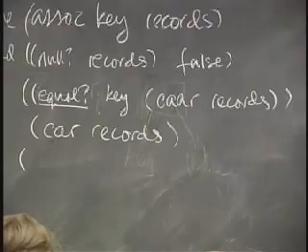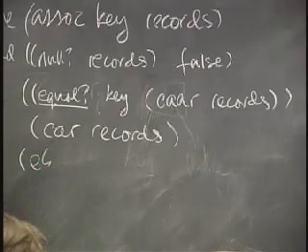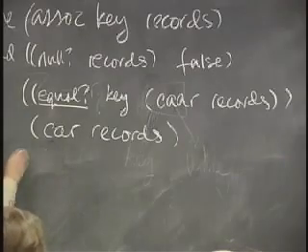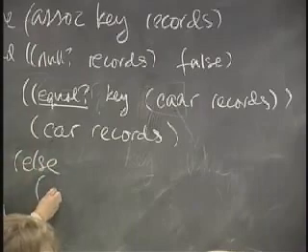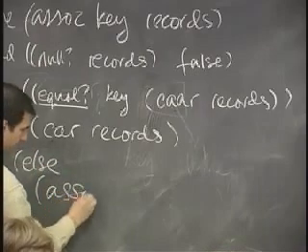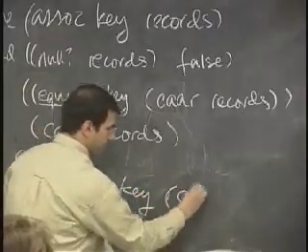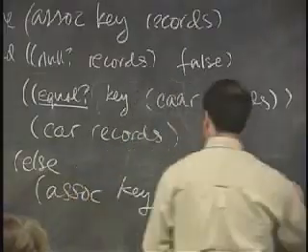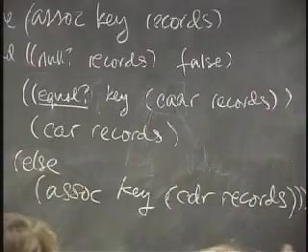And that will be important in a few minutes once we get to memoization. Otherwise, we don't have a match, and we recurse. And we close the cdr, assoc, else, cond, define.